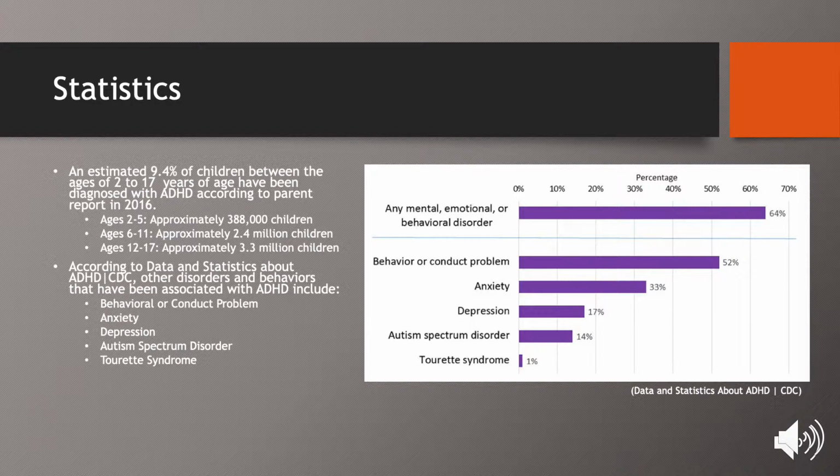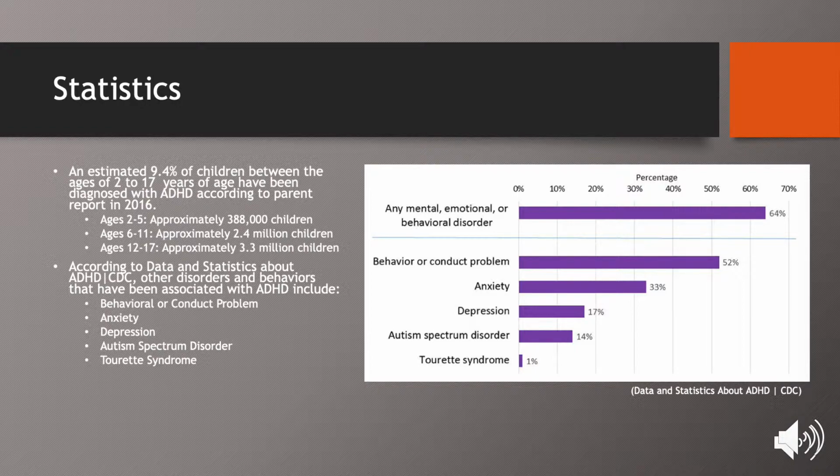According to data and statistics about ADHD from the CDC, other disorders and behaviors that have been associated with ADHD include behavioral or conduct problems, anxiety, depression, autism spectrum disorder, and Tourette syndrome. These disorders are classified as mental, emotional, or behavioral disorders.